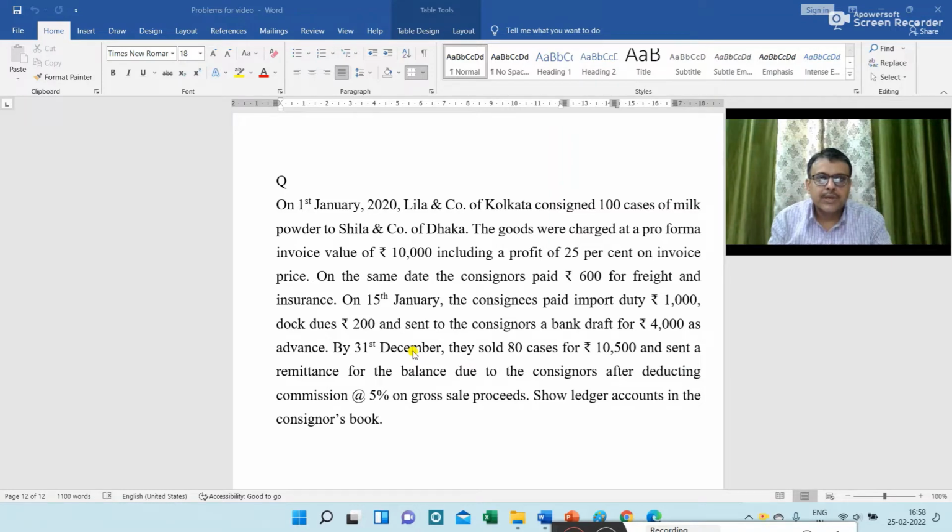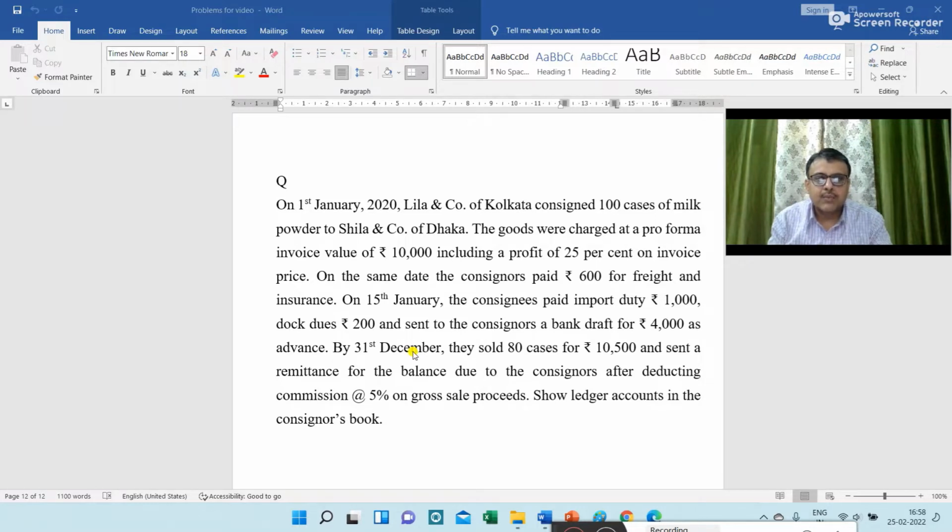On 1st January 2020, Leela and Company of Kolkata consigned 100 cases of milk powder to Sheela and Company of Dhaka. The goods were charged at a pro forma invoice value of Rs 10,000, including a profit of 25% on invoice price. On the same date, the consignors paid Rs 600 for freight and insurance.